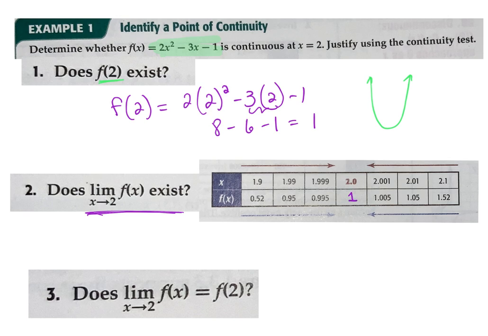And so what they're asking down here is, does the limit, what is approaching, equal how it is defined? And yes, the answer is yes. We got a 1 here, and when we look at this chart, we get a 1 there. That means this is a continuous graph. So even if we did not know that this was a parabola, we could look at those 3 things and we could say, yeah, this is continuous. There's no breaks in the graph.